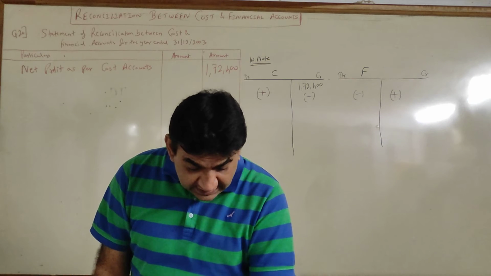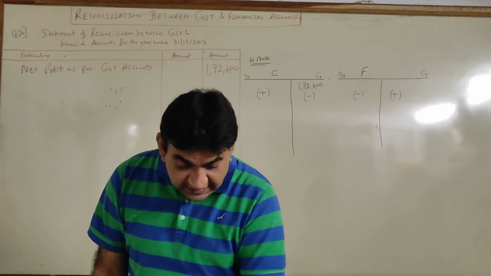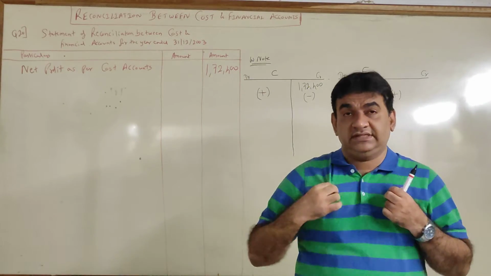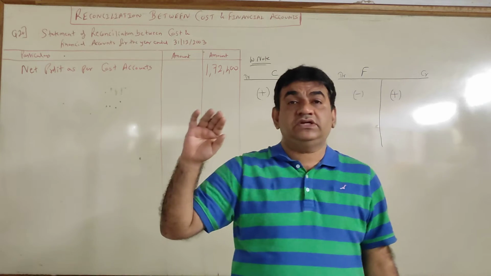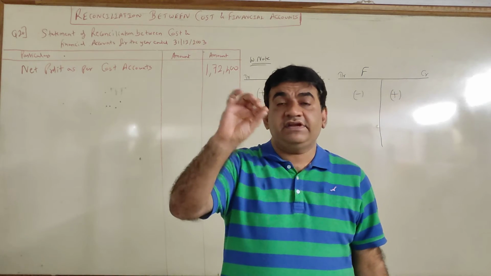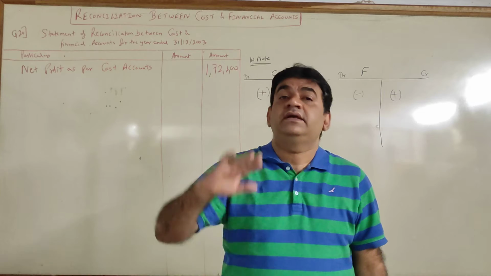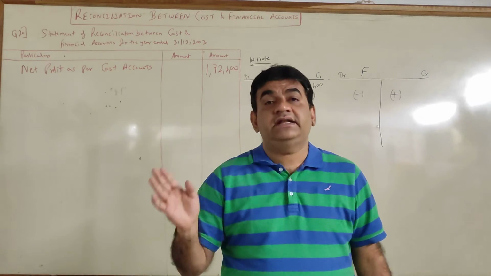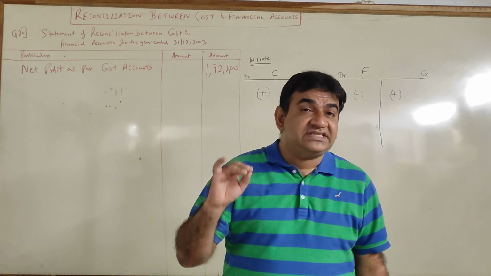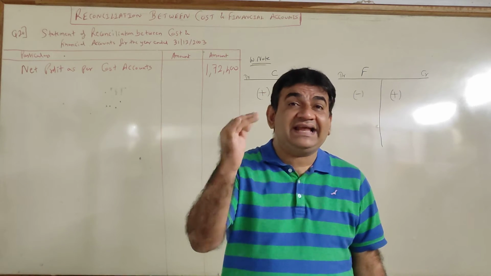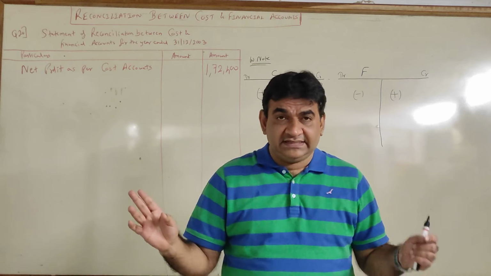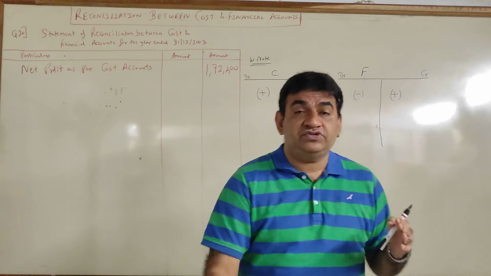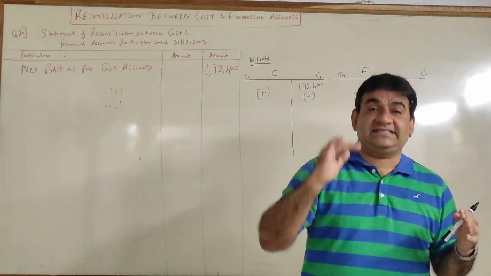Works overhead under recovered in cost, 3120. Now listen. Under recovered in cost. Even if they had not mentioned the word cost, the word recovery is used in costing only. So when they say works overhead under recovered, that means under recovered in cost. When I say works overhead under recovered in cost, that means it is recorded at both places, but in cost accounts the works overhead is less.